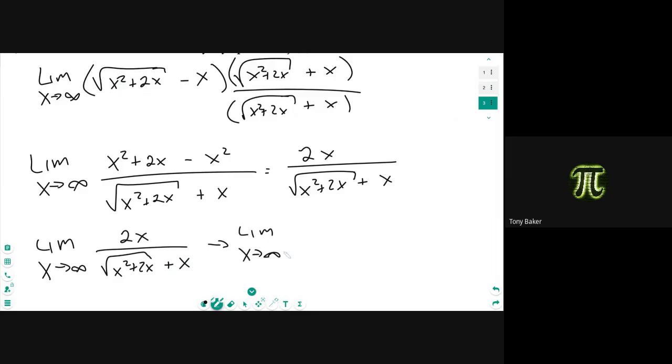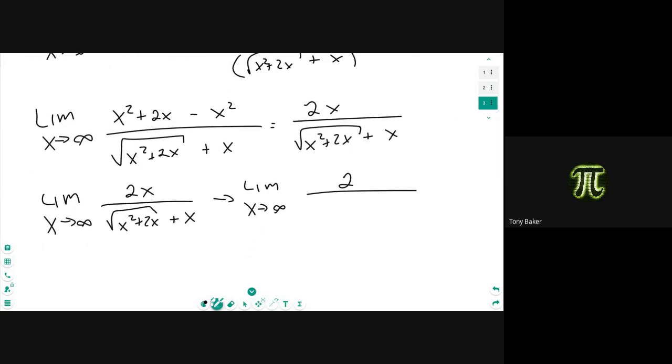This is infinity over infinity, so L'Hopital's rule will work. And I can't just plug in infinity to it because I'm going to get infinity over infinity. So what's the derivative of 2x? 2. So now we've got to find the derivative of the bottom.